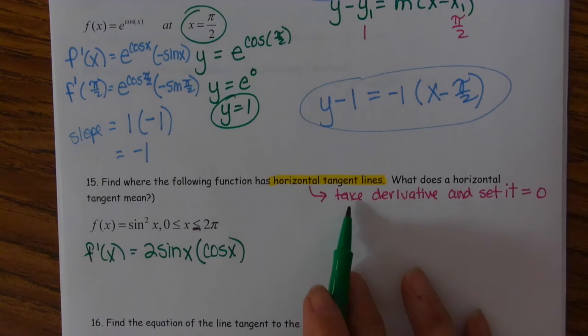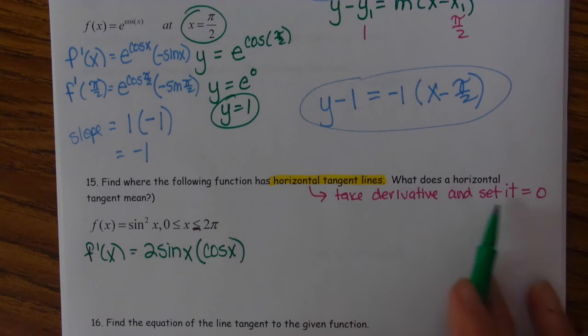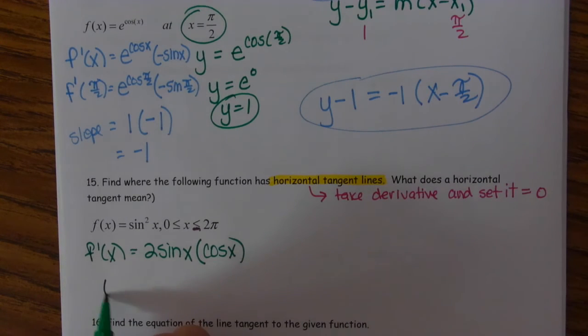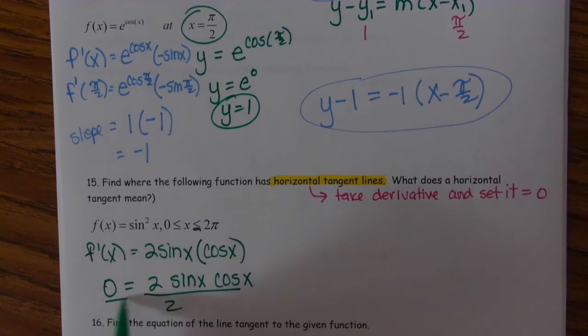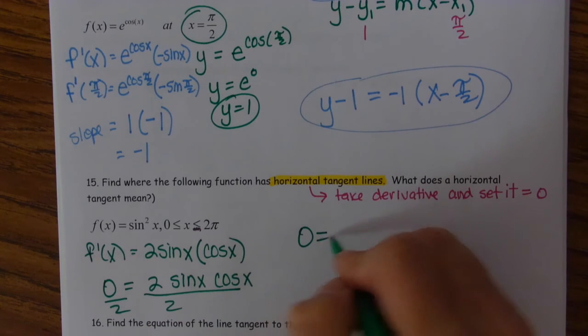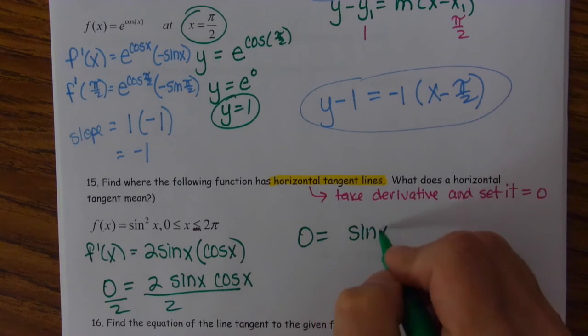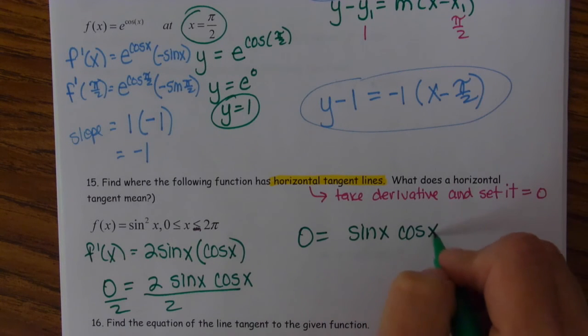All right, now we said take the derivative, set it equal to 0. So now we need to set this equal to 0. Can you divide through by 2 and get rid of that? Yes. So 0 equals sine x cosine x.